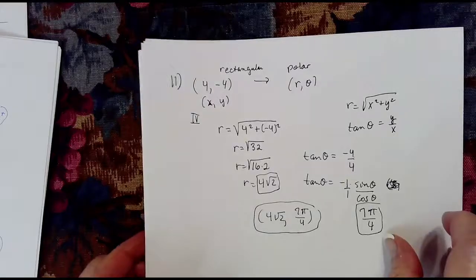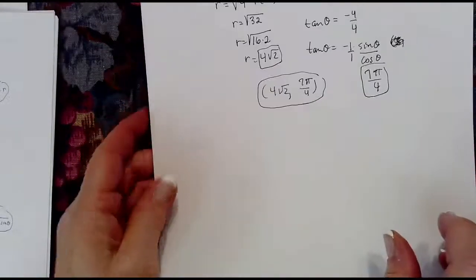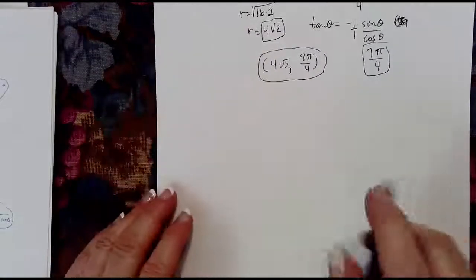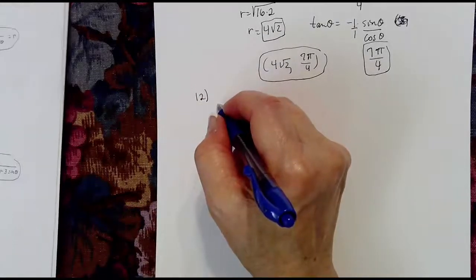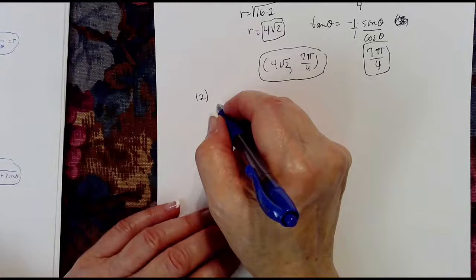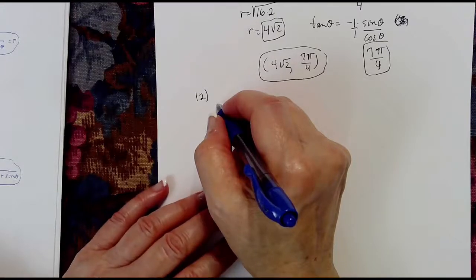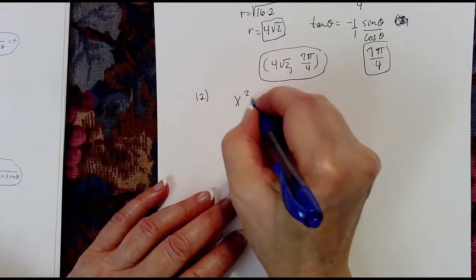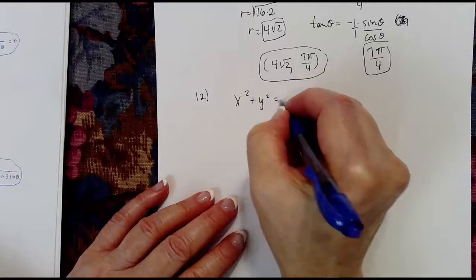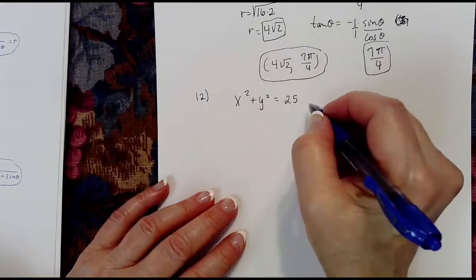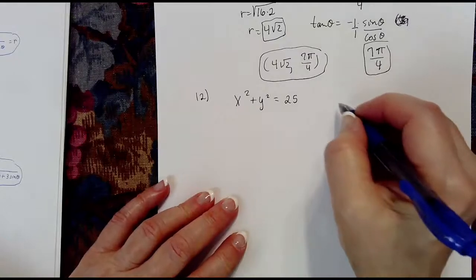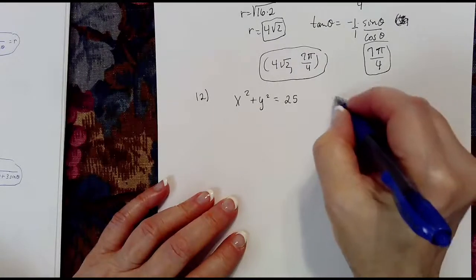Okay, the next one we're going to look at is number 12. Number 12 says, convert the rectangular equation to a polar equation that expresses r in terms of theta. So basically they're saying x squared plus y squared equals 25. They want you to make it into an r, theta equation.